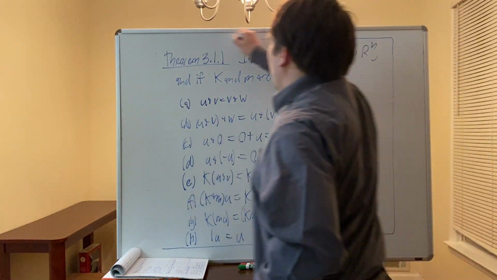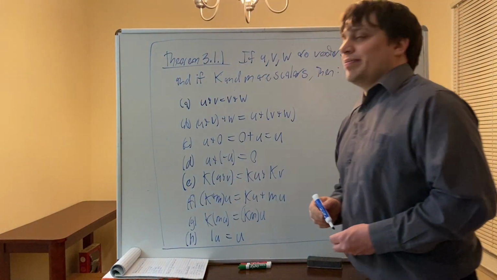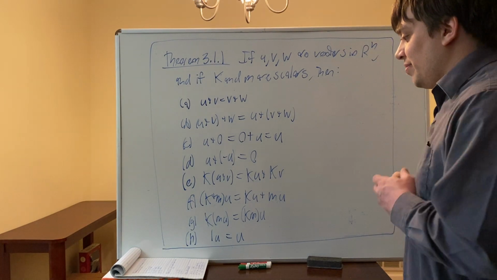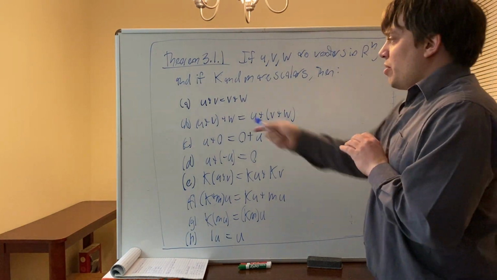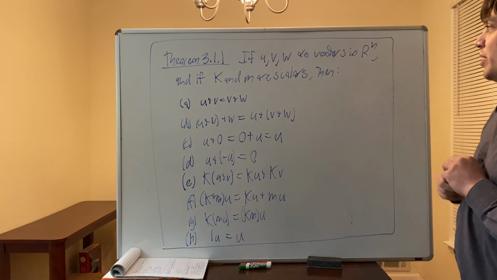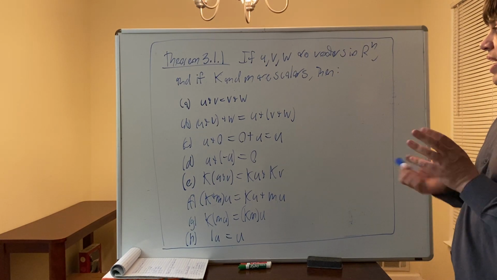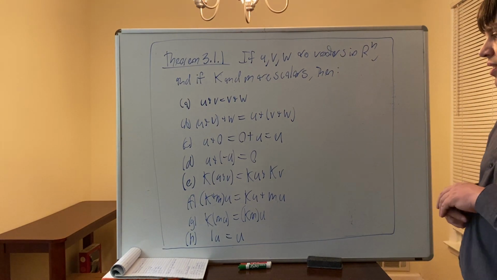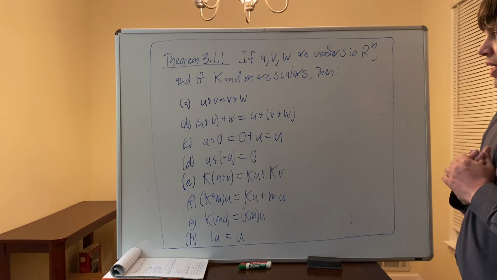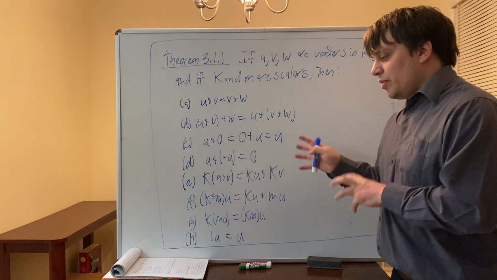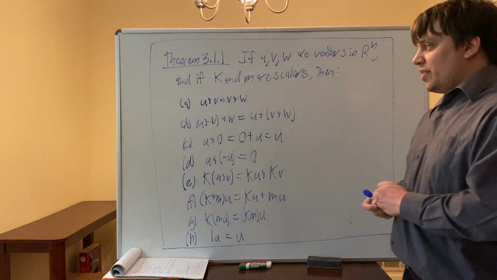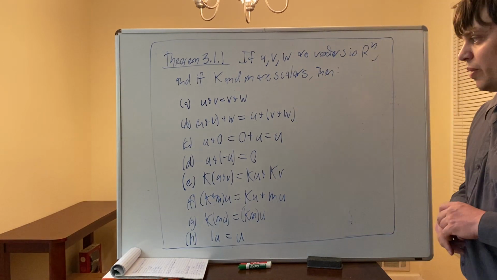It can be false, so it has to be a theorem. So theorem 3.1.1: if u, v, and w are vectors in n-space, and if k and m are scalars, then these 8 equations hold. This theorem has a proof, and after the proof is done, it validates these 8 equations.